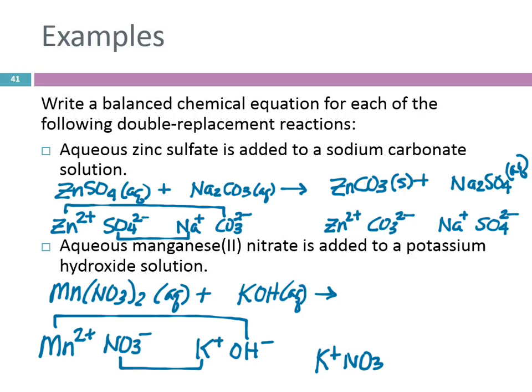You can't have two positive ions and two negative ions. Okay? It's not that kind of party. So I'm going to put the potassium with the nitrate ion. And I'm going to put the manganese with the hydroxide ion.